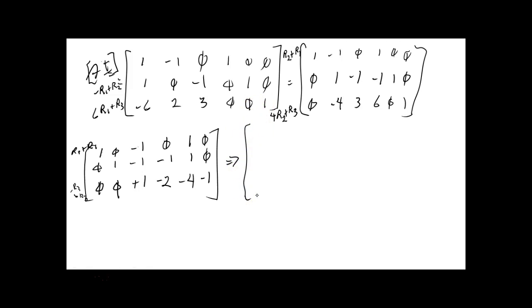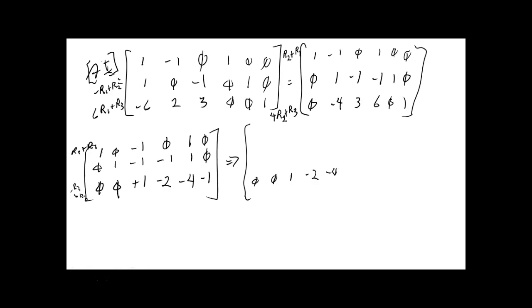So we're using row 3, 0, 0, 1, -2, -4, -1. All right. Adding row 3 to row 1.